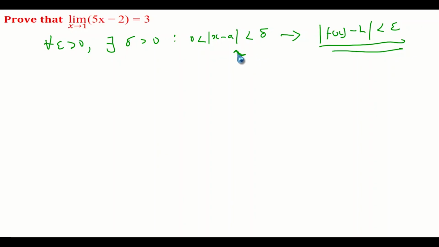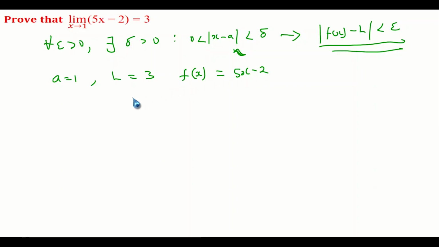So it will be very easy for us. Then the parameters: we have the value of a equal to 1, x approaches 1, the limit is equal to 3, and the function f of x is given as 5x minus 2.